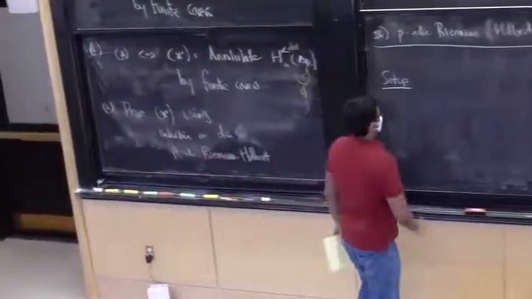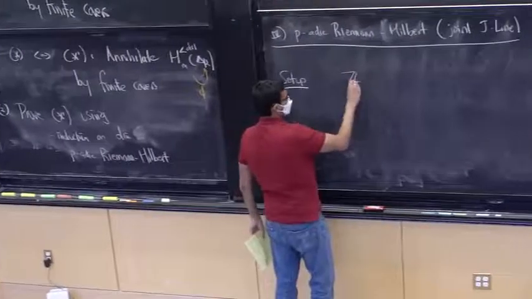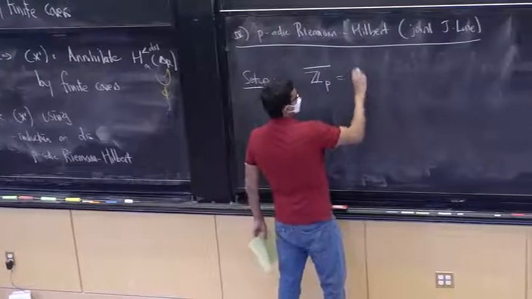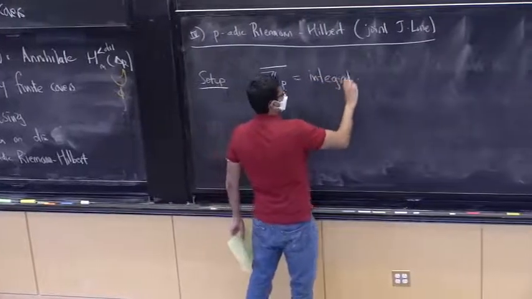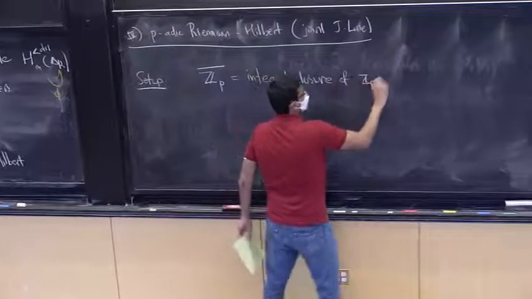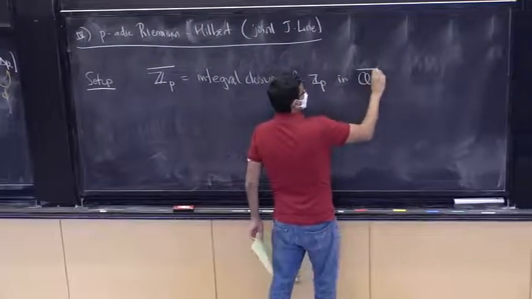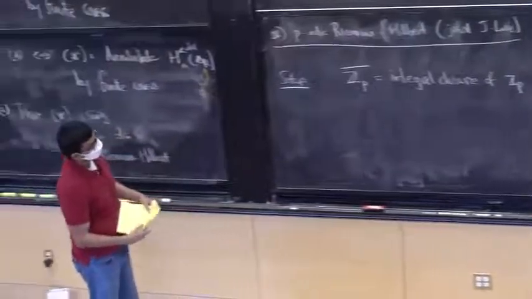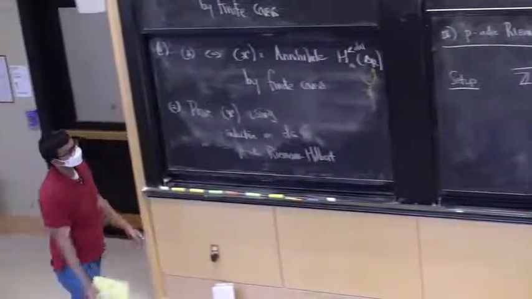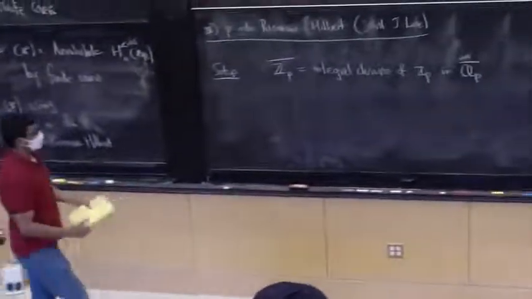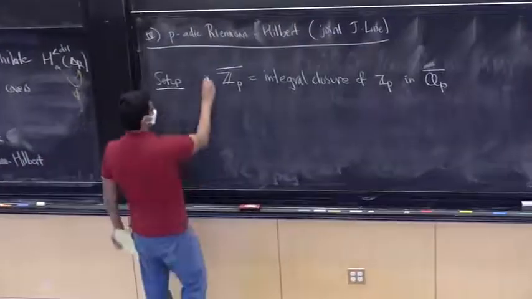And so practically what that's going to mean is that I'm going to have to work over rings like Z_p bar, which is the integral closure of Z_p in Q_p bar. And this is some of the price you have to pay when you try to get rid of arithmetic, which is now you're faced with this kind of monstrosity, which is a non-Noetherian ring instead of just a nice DVR. But c'est la vie.